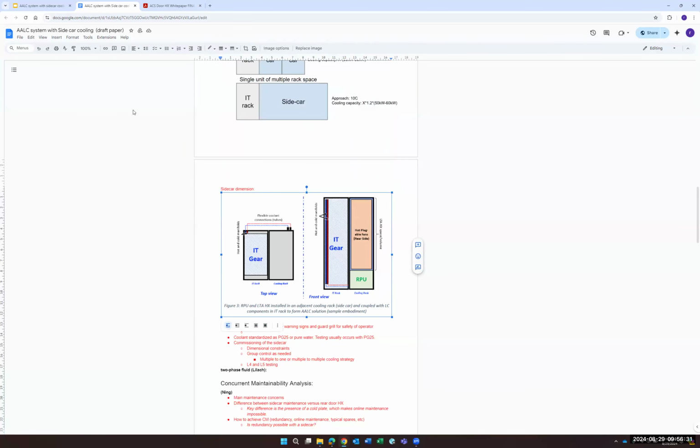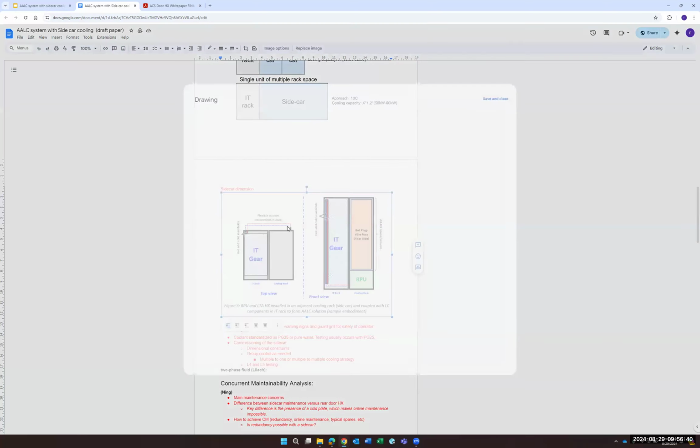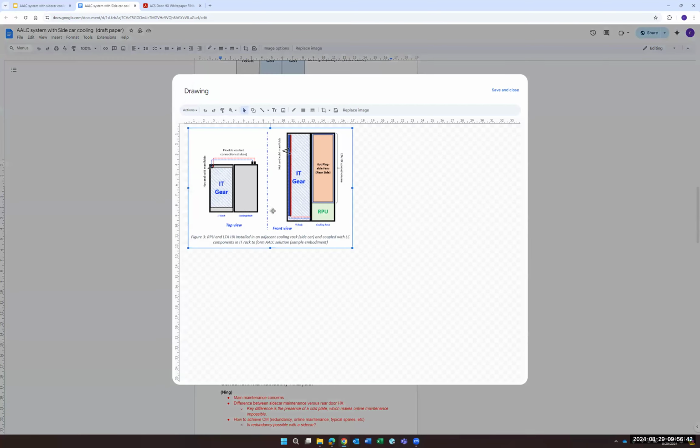Yeah, the next one I want to create a drawing, where we define the depth and the height and width. In that sense, that also comes under data center limitations, right?